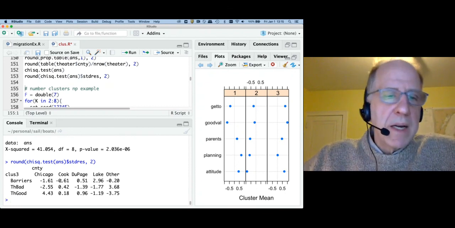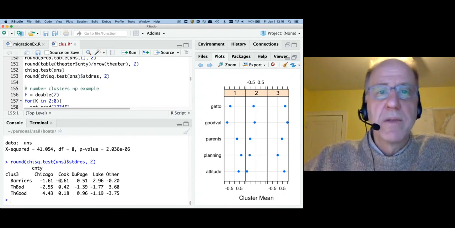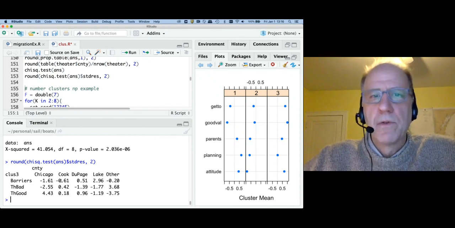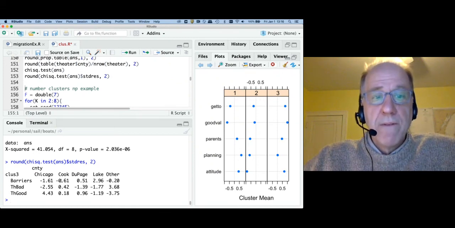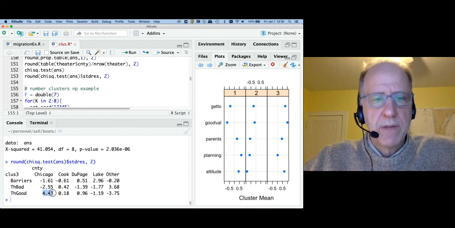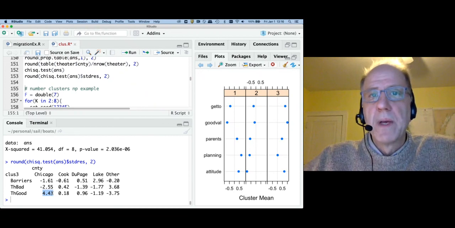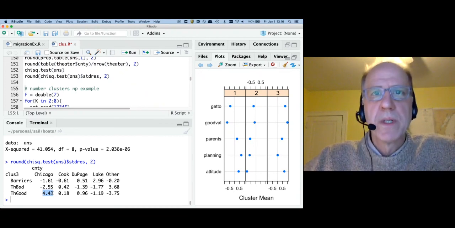Values between minus 1.96 and positive 1.96 are not significantly different from that null hypothesis of independence. Values greater than 1.96, on the other hand, so here we see a value that's greater than 1.96, indicate that that cell is significantly overrepresented.